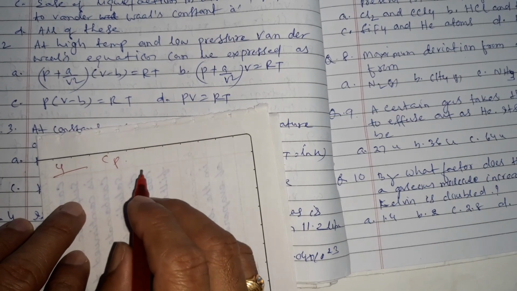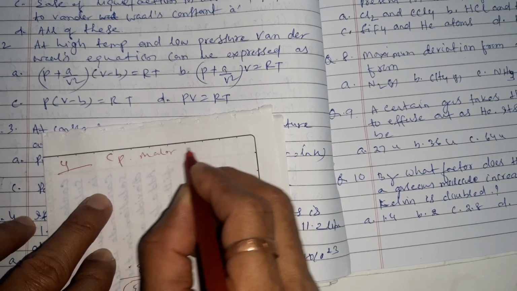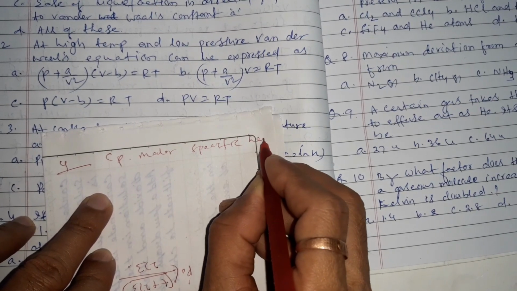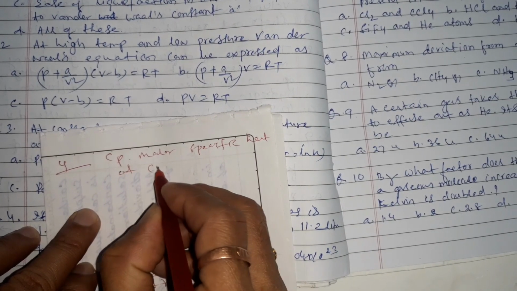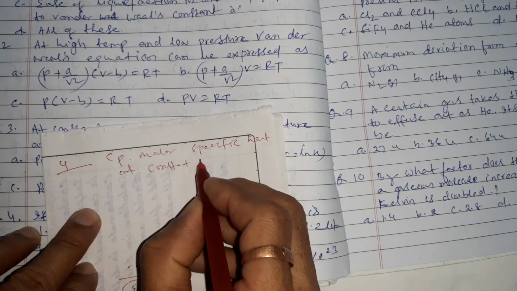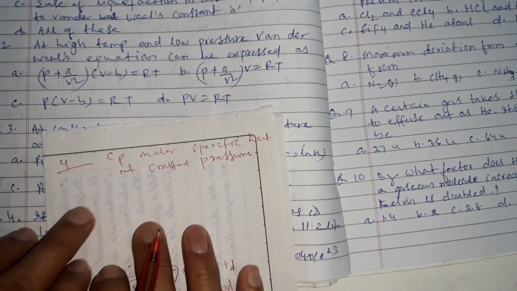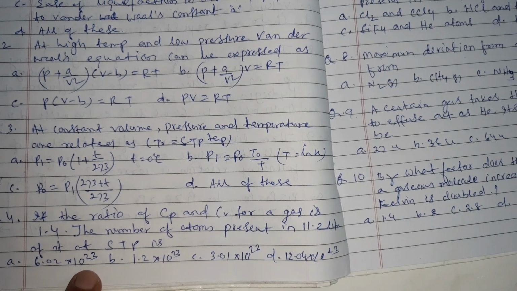Cp is the molar specific heat at constant pressure.